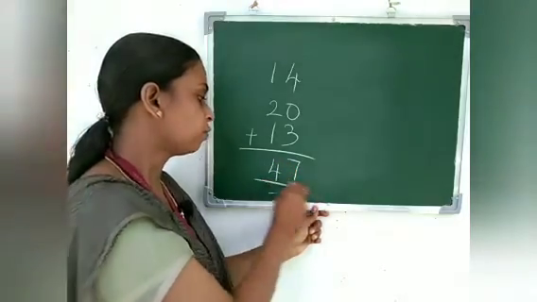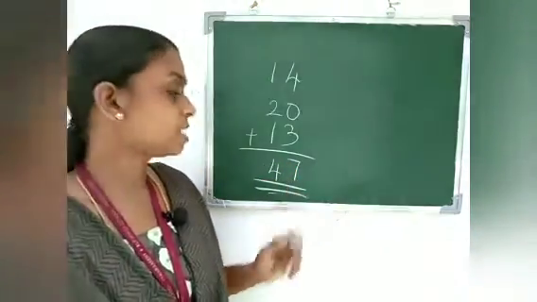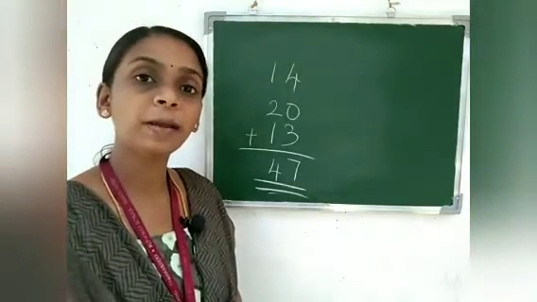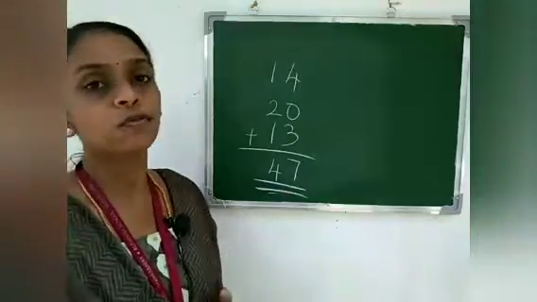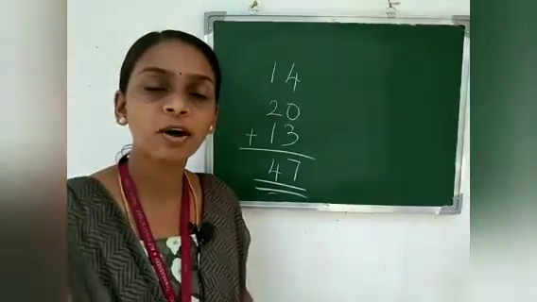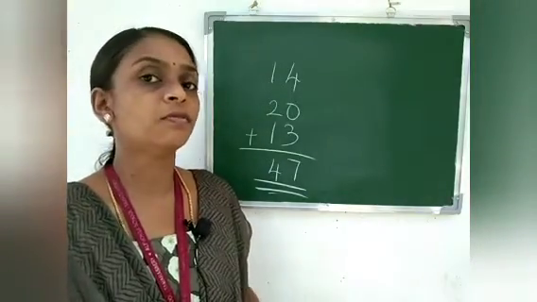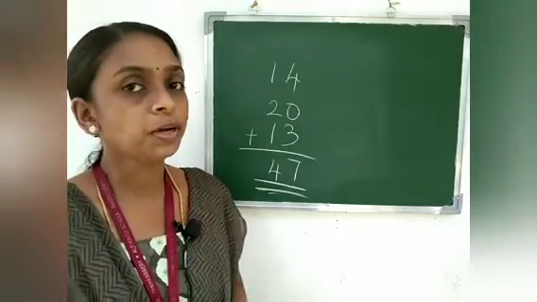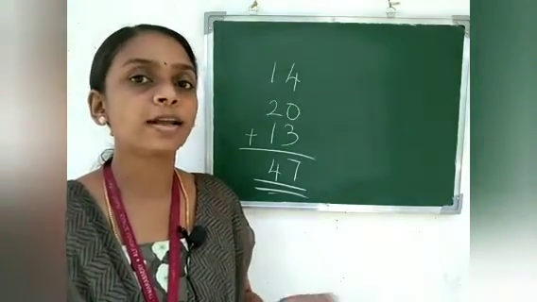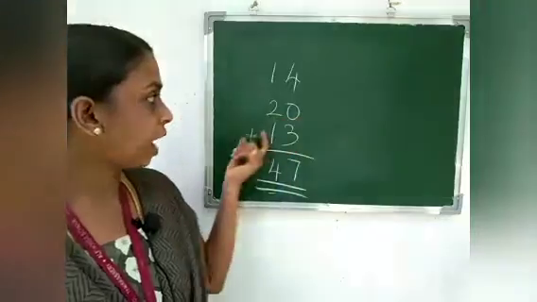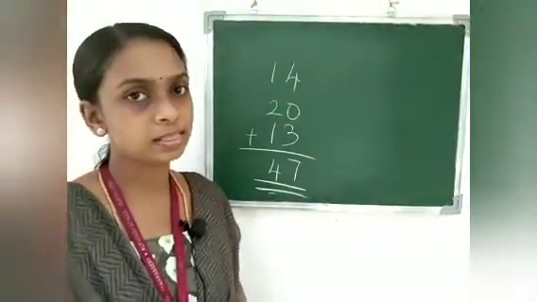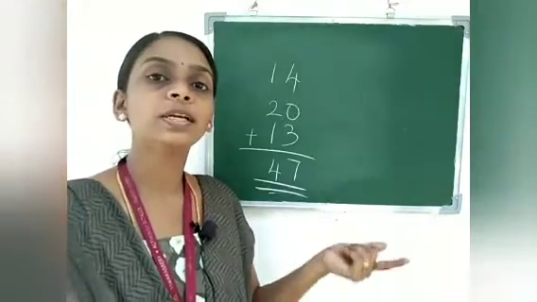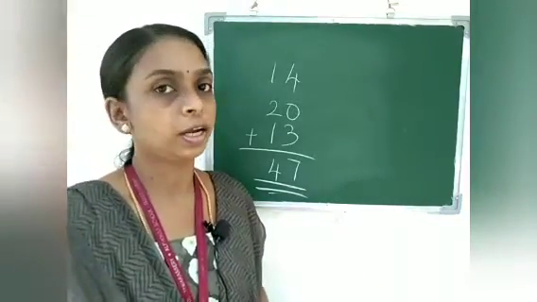So we got the answer 47. 14 plus 20 plus 13 equals 47. That is the addition of 3 two-digit numbers without regrouping. For that we first add the ones place numbers, then we add the tens place numbers, then we get the answer.